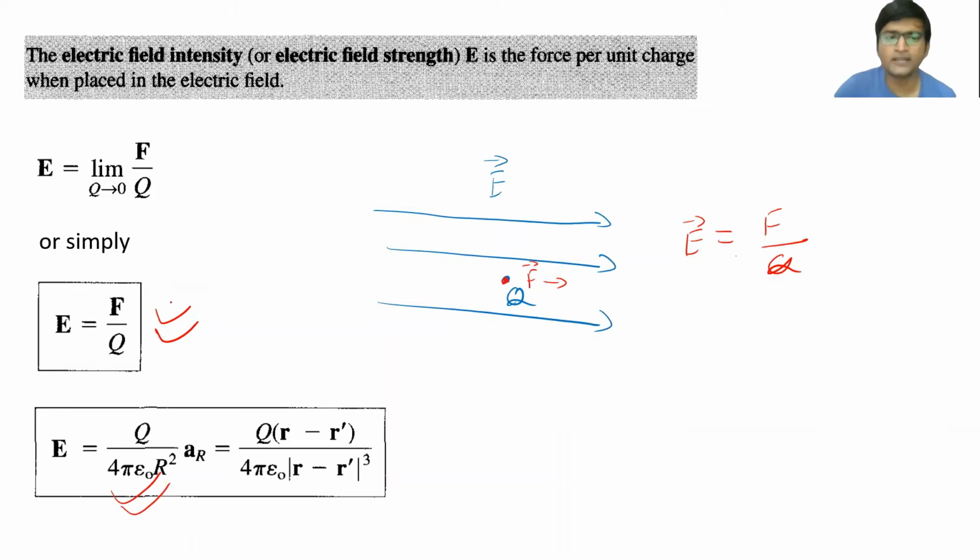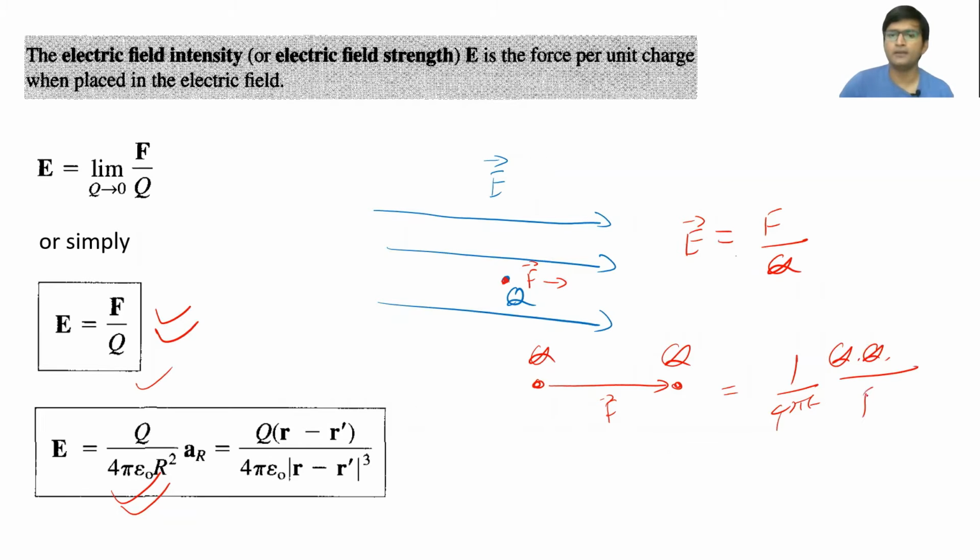Now you will be thinking that there were two different kinds of charges, q1 and q2, and here we are using only one charge. So I have taken both the charges as q. Suppose there are two charges q, and what will be the value of force F between them? It will be 1 upon 4 pi epsilon, q into q divided by r square.